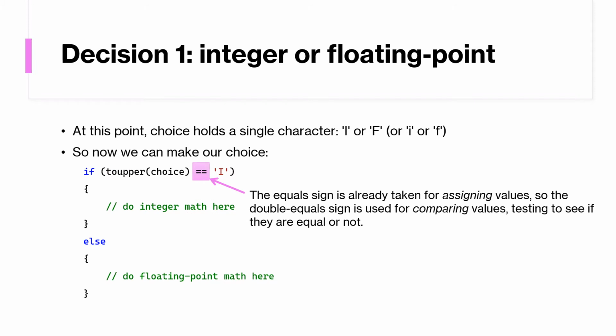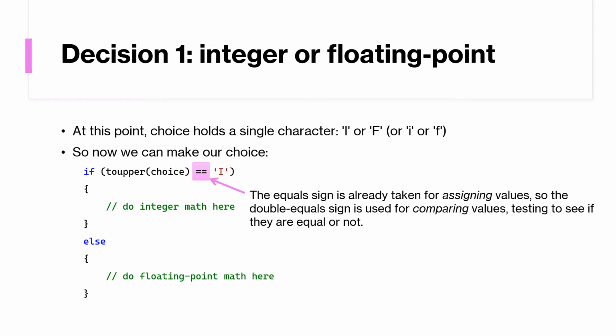You may be confused about the double equal sign here. A lot of beginning C programmers are. The single equal sign is already taken for assigning values. So if I put a single equals there, it would try to assign the value I to the toupper of choice, which is a function, it can't hold a value, that would not compile.